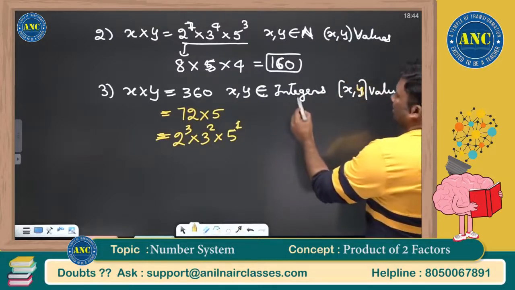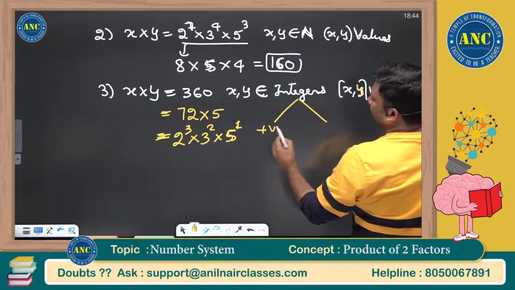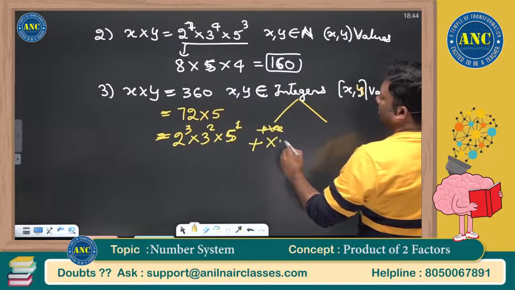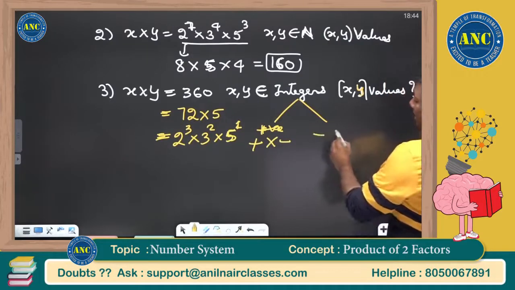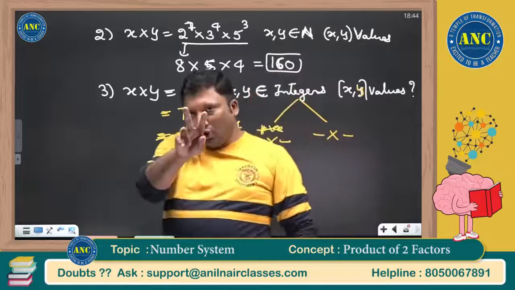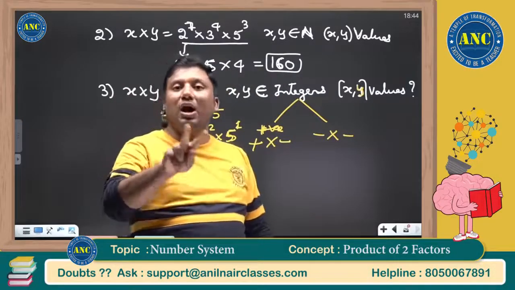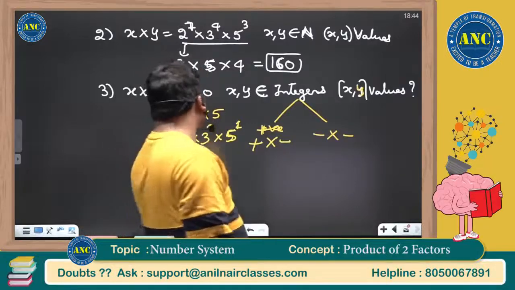Integers means I will get both cases. Positive into positive is positive, and negative into negative is also positive. If two numbers' product is positive, both of them can be positive or both of them can be negative.